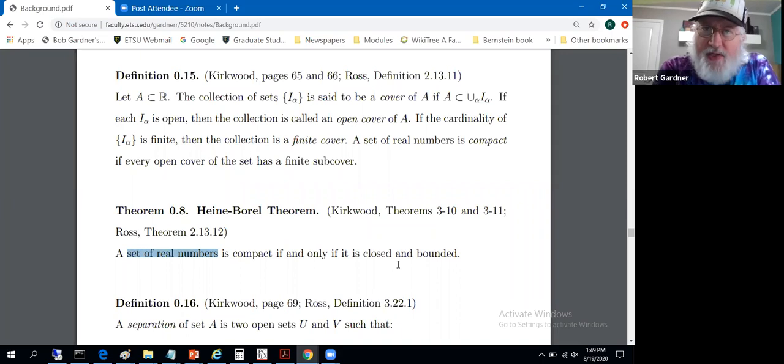But there's other spaces out there, and they're infinite dimensional spaces. In an infinite dimensional space, I can give you an example of a closed and bounded set which is not compact. That is a closed and bounded set that doesn't satisfy this open cover, finite subcover stuff. It's not compact. Now, that's a fairly exotic result, but your graduate students will pry out of your head the following idea.